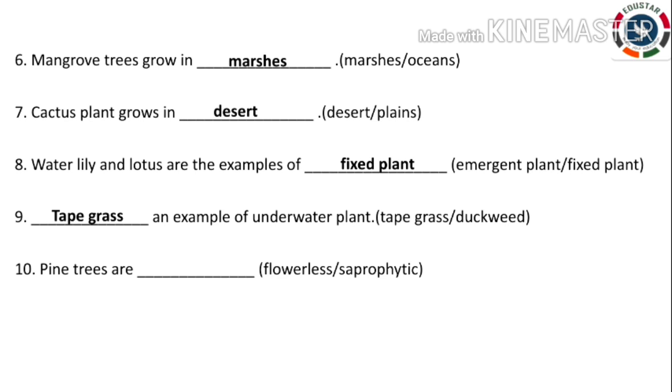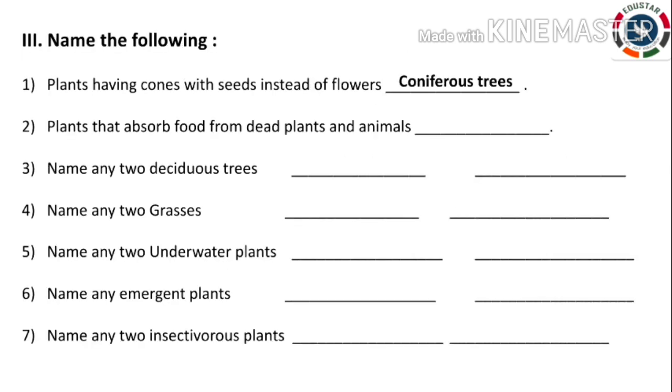Tape grass. Pine trees are flowerless or saprophytic. Pine trees are flowerless. Okay, name the following plants having cones with seeds instead of flowers. What is that? It is called coniferous tree. Plants that absorb food from dead plants and animals are called non-green plants.